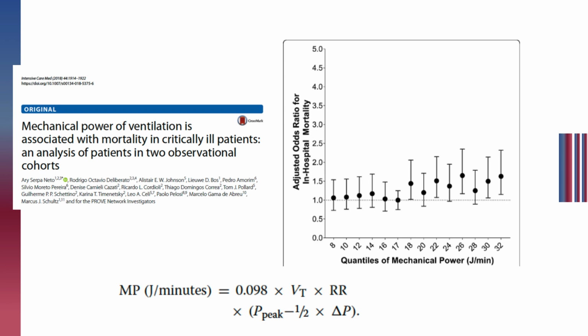But once it's above 20, we start to see increased potential for harm. Once you have calculated your mechanical power, you really want to look at strategies or settings on the ventilator that you can manipulate to bring the mechanical power down.